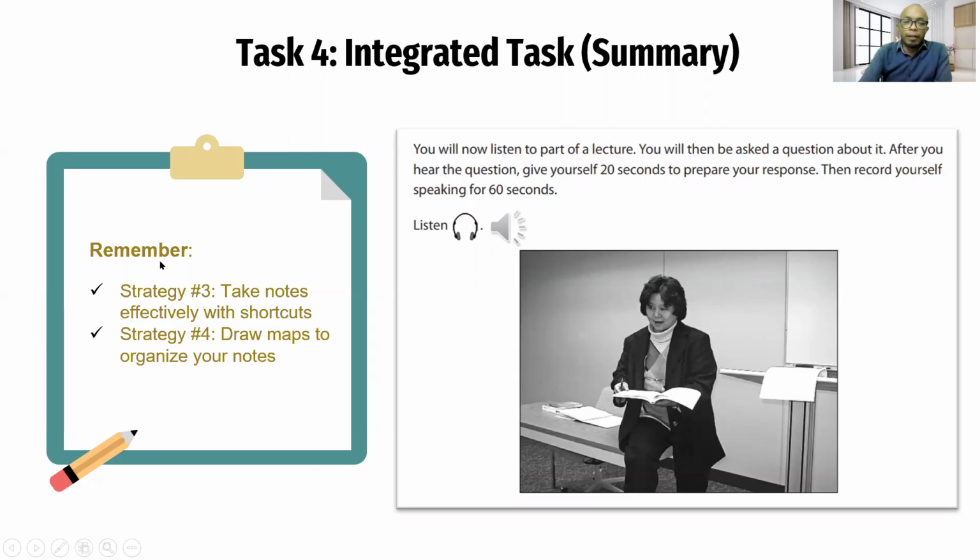Okay, and the strategies are the same during this part. You have to take notes effectively by using shortcuts and also maps to help you later prepare your response. Are you ready? Okay, let's try it.